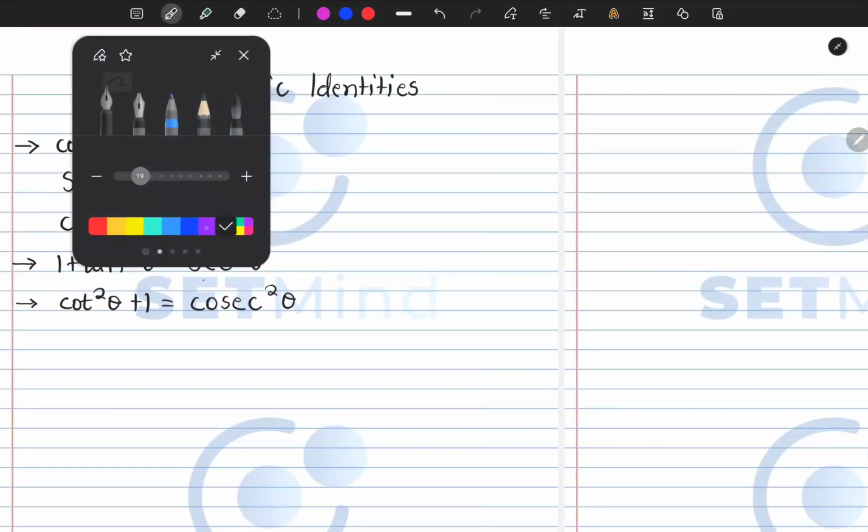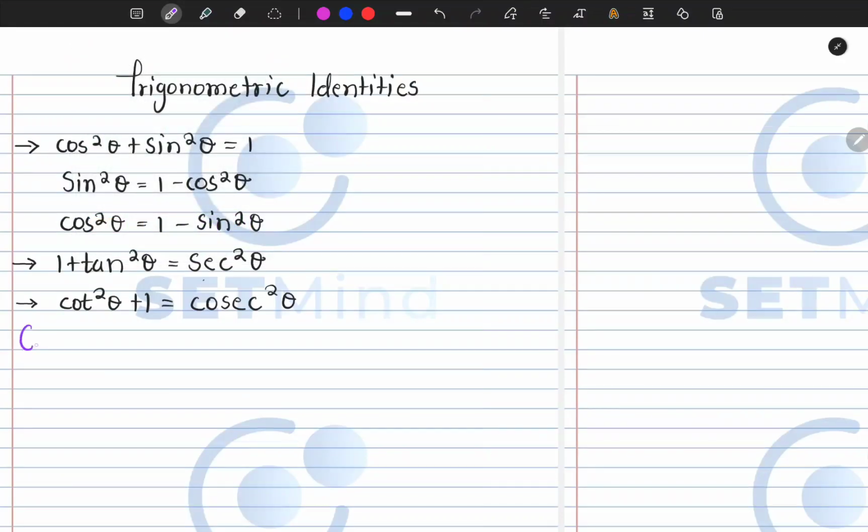Something fundamental which you should also remember, which we call under trigonometric identities, are the compound angles. So what are these compound angle identities?